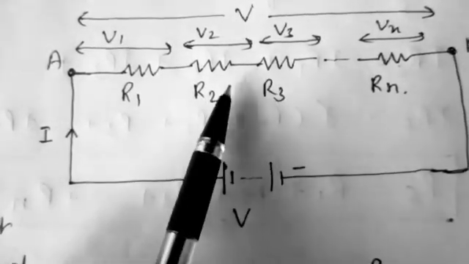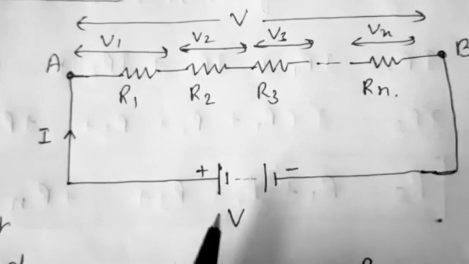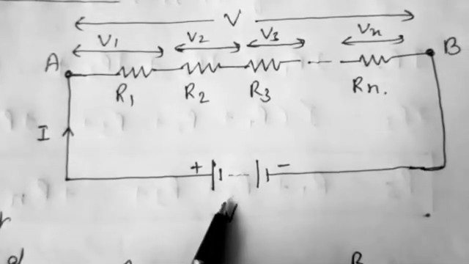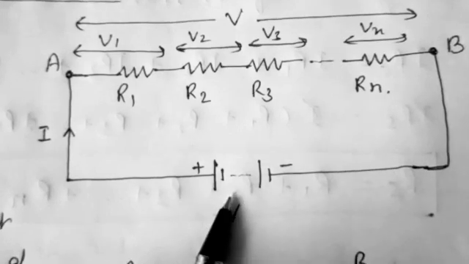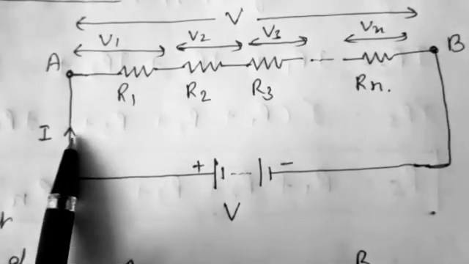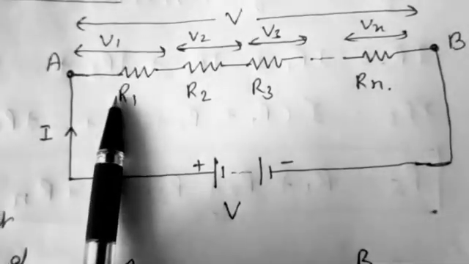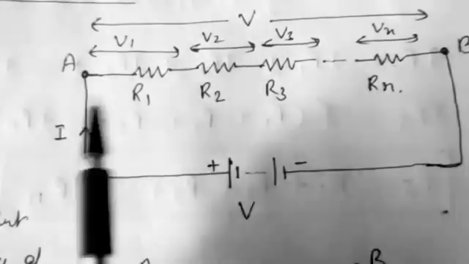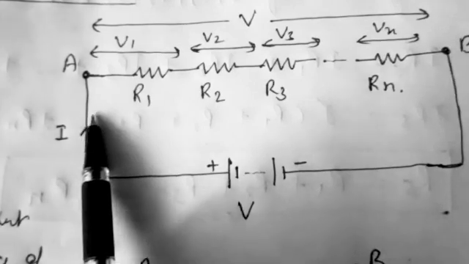Such a combination is called a series combination. If V is the voltage and the current drawn from this battery source is I, this I goes along with R1, R2, R3 and Rn. So this I is the same.